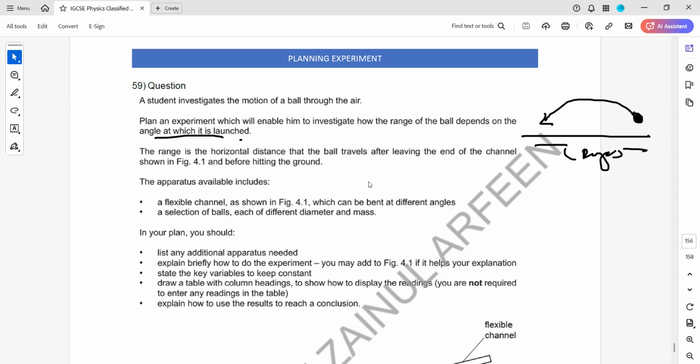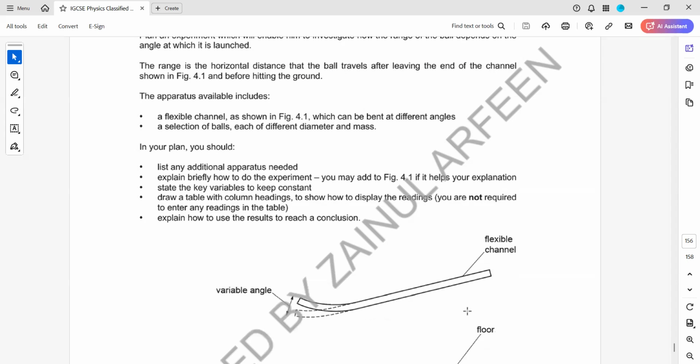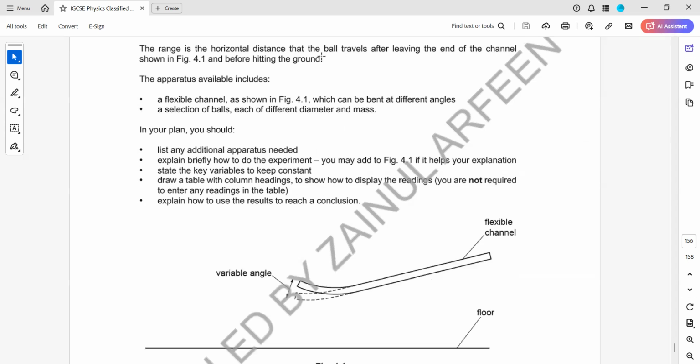So we want to investigate how the range depends on the angle of the launch. Here we have a flexible channel, and a variable angle. We release a ball and change this angle, and we're investigating how this affects the range, or the horizontal distance traveled.